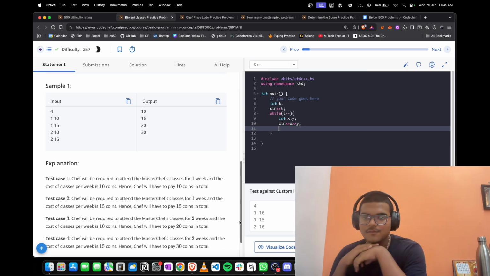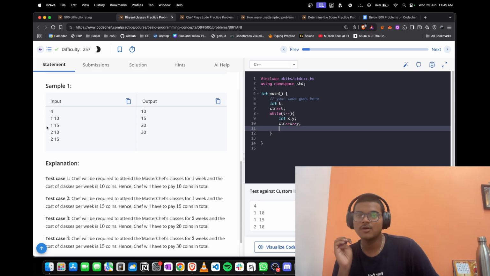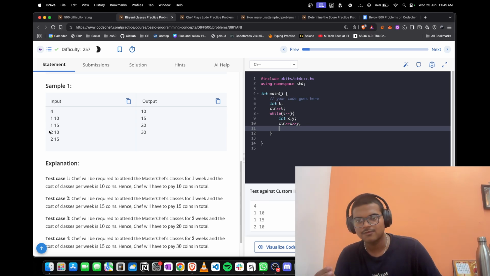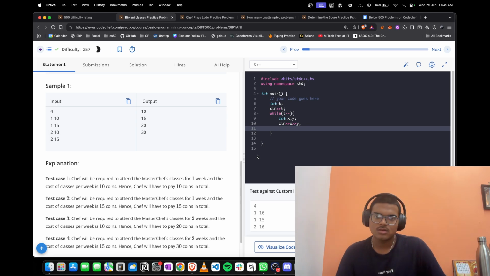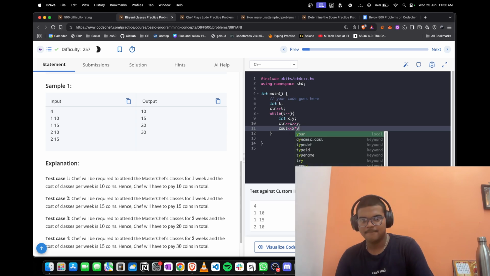Now we will see the sample. Chef will be required to attend MasterChef class for 1 week, and the cost of classes is in coins. So here we can clearly see that for the total amount, we have to multiply the cost of per week classes into the number of weeks, basically x into y. Very simple question.